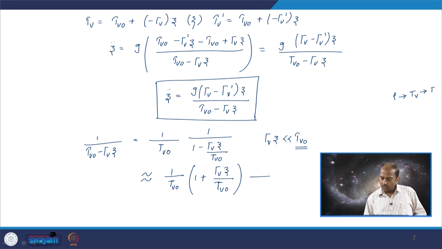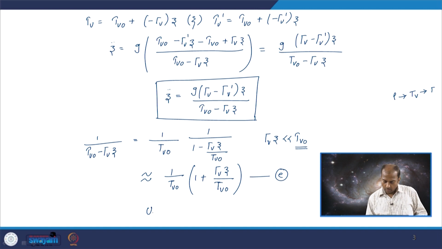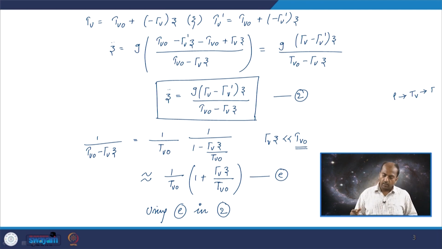Let us call this equation number E, and the earlier one equation 2. So, we have two different numberings going on parallelly, right, A, B, C, D and 1, 2, 3, 4.